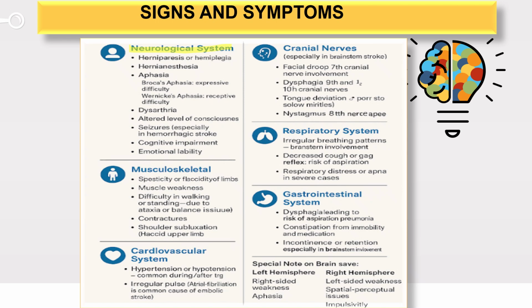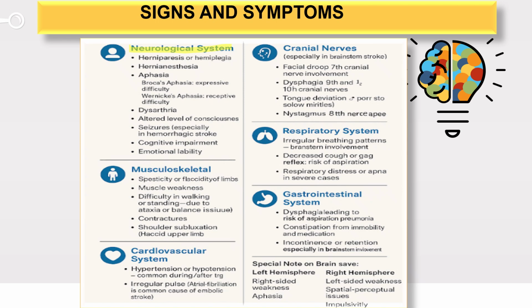When we talk about cranial nerves, we have the 12 cranial nerves. Depending on that, we will see which areas are involved. For example, if it is a tongue deviation, we know that the hypoglossal nerve is involved. So the cranial nerves number 12, and it is related to neurology again.